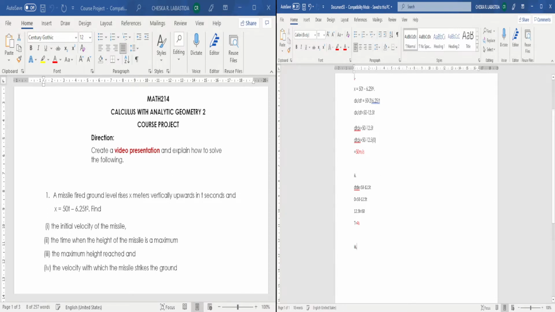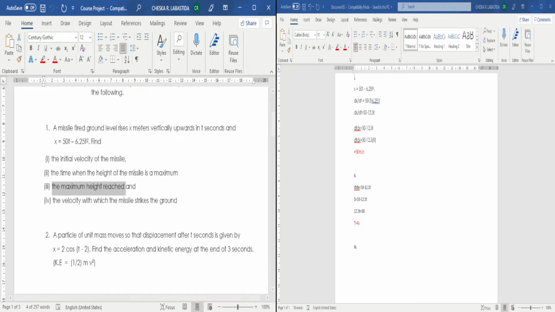Okay, so let's go ahead and go to the third question here. The maximum height reached. To find the maximum height reached by the missile, we need to use the time when it reached the maximum height, which is 4 seconds.